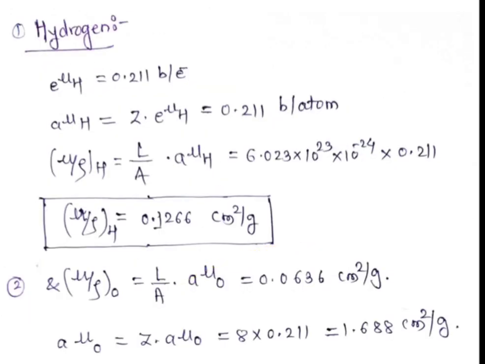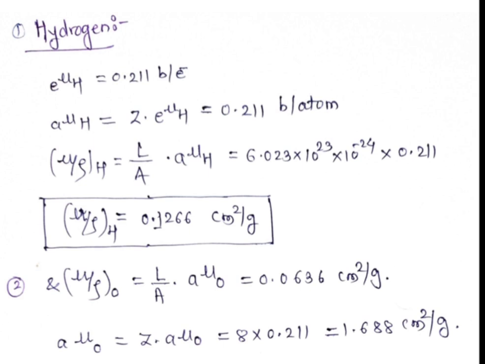First is hydrogen. As we know, water contains these atoms. Initially we will find out the value for the hydrogen, then the value for the oxygen, and then we will combine the hydrogen and the oxygen to form a compound, that is a water molecule. So initially we will see the hydrogen.